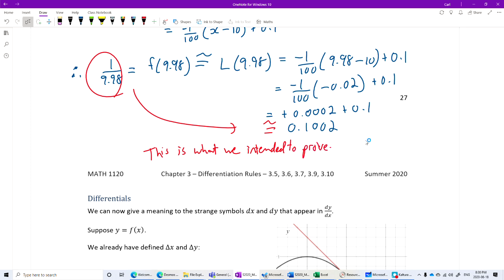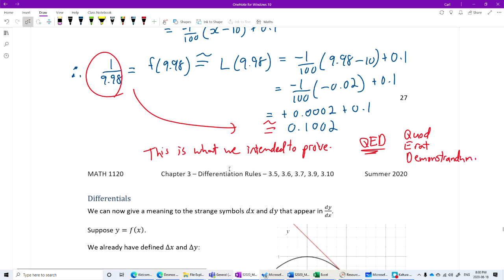Sometimes when you write a proof, you can say QED, which is actually Latin for this phrase. It's Latin for which is what we intended to prove. Quod erat demonstrandum. I don't know Latin, but demonstrandum, which was to be proved.